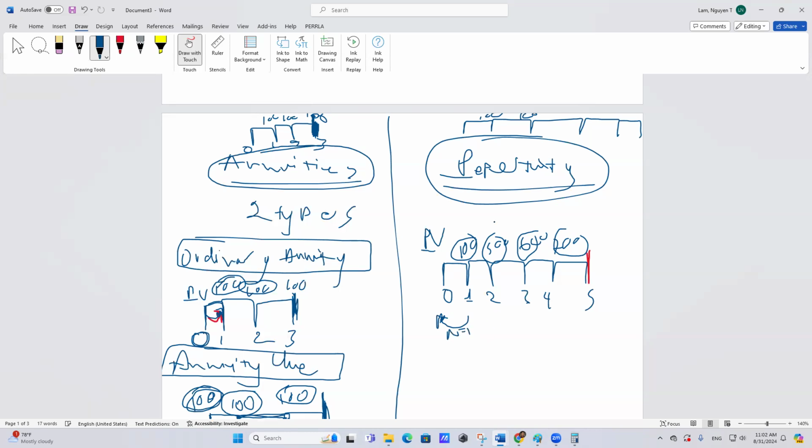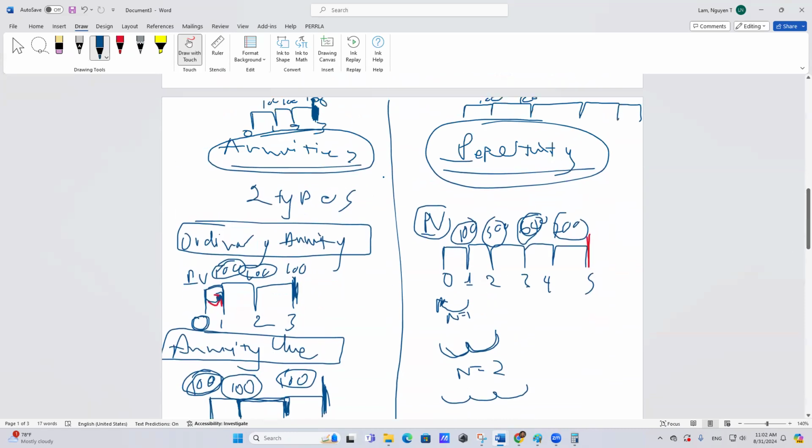Then for 500, to get back to present value it has to go back 1 period, 2 periods, so n is equal to 2. And for the 600, it has to go 1, 2, 3. I recommend you guys do it this way.